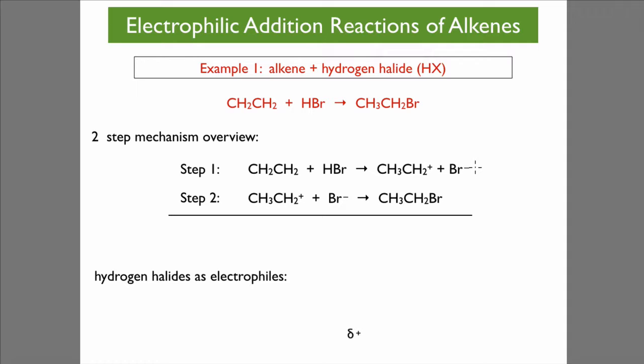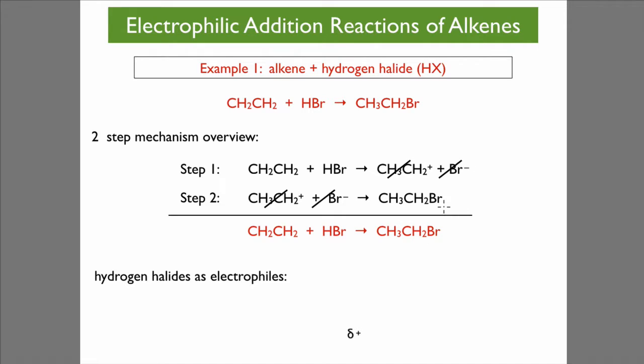Then the second step, the bromide ion will add to this positive complex to form bromoethane. If we want to look at the overall reaction, cancel out these molecules and ions to get the overall reaction.